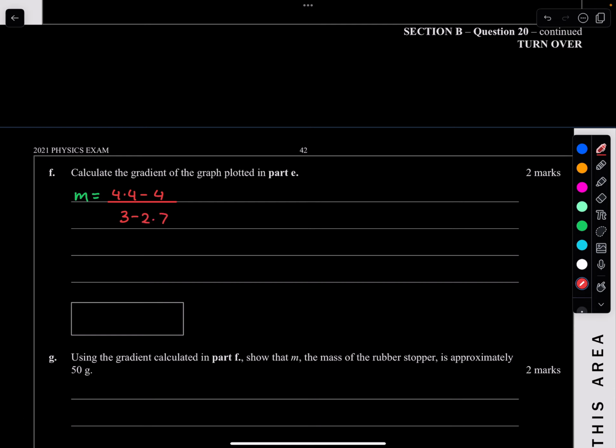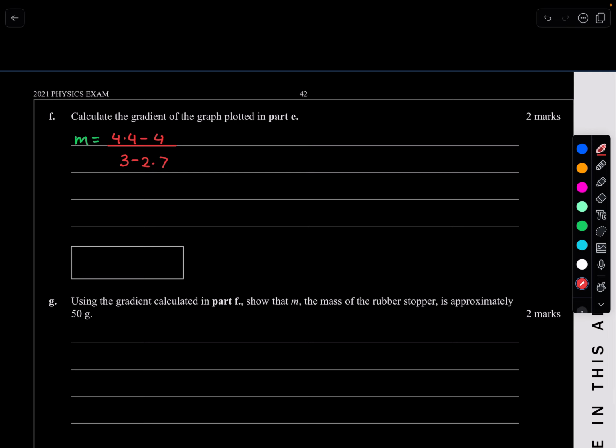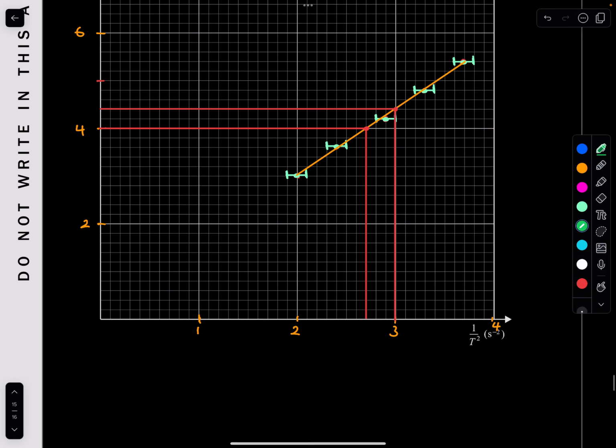So what's the gradient of that? 4.4 minus 4, over 3 minus 2.7. That gives me 1.33 approximately. So 1.33 as my gradient. That looks good.